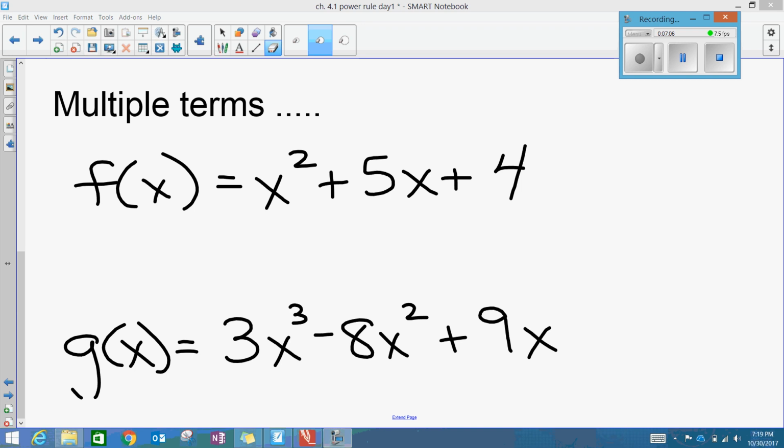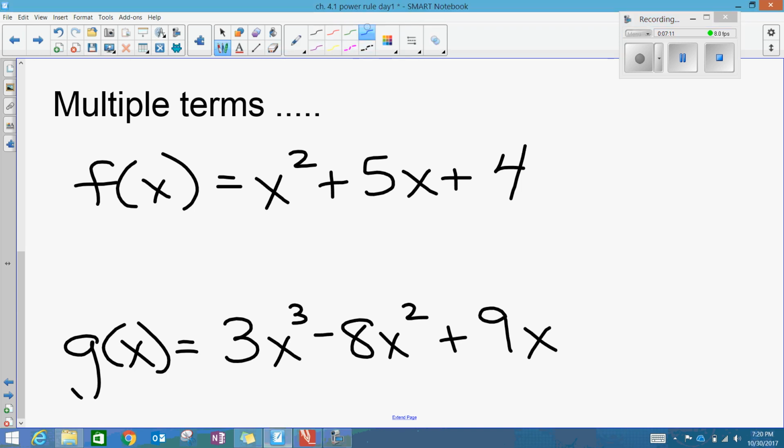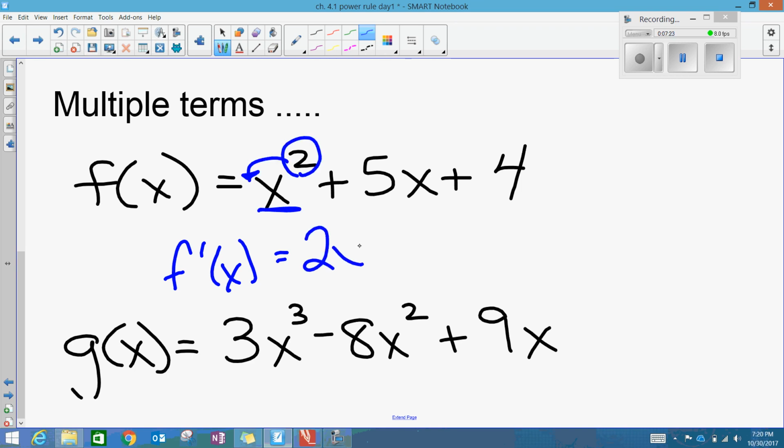Now when you have multiple terms, you just apply the rule to one term at a time. So, for instance, f of x equals x squared plus 5x plus 4. We apply our rules to each term. For this first term, n is 2, bring it in front, subtract 1, we get 2x to the 1st.